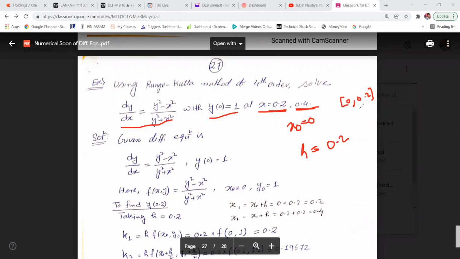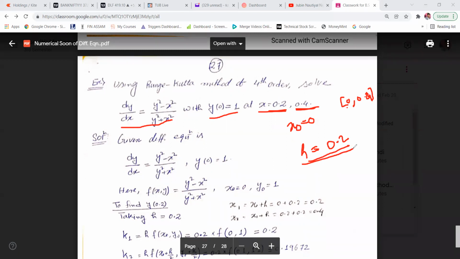You can consider that one here. Or if you are taking 0.4 as the last one, so from 0 to 0.4, then you divide into 2 parts. So the h value will come as 0.2. So I'm considering here h equal to 0.2.